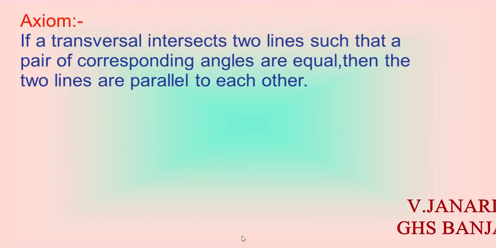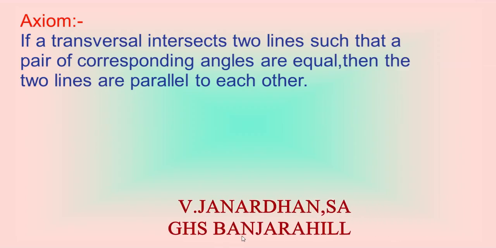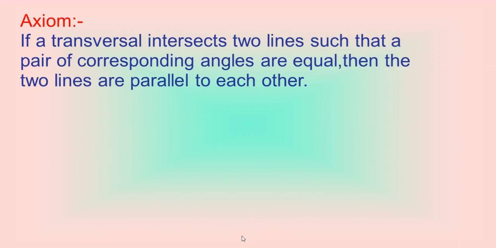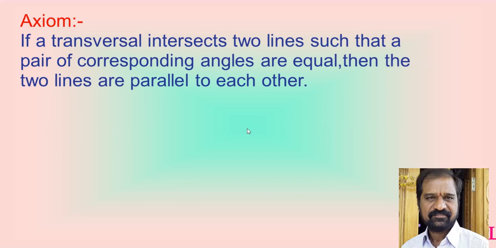Another axiom: if a transversal intersects two lines such that a pair of corresponding angles are equal, then the two lines are parallel to each other. Previously we discussed that if a transversal intersects two parallel lines, corresponding angles are equal. This is the converse: if two corresponding angles are equal, then the lines are parallel.